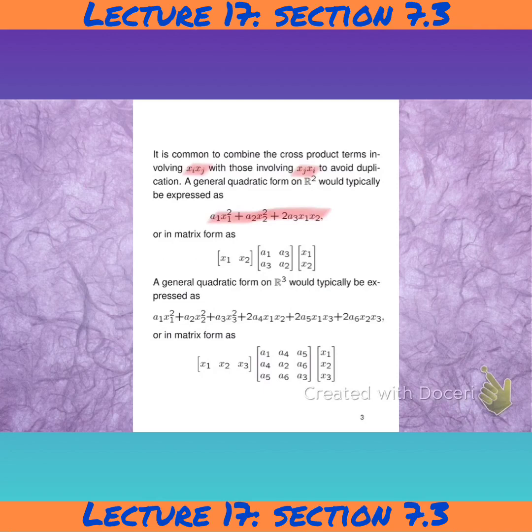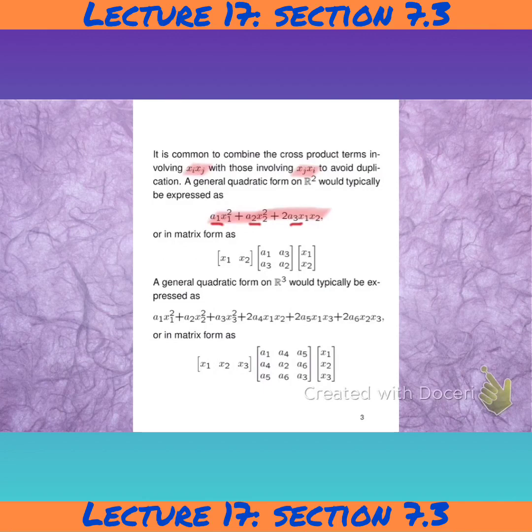We can take that function and express it as a product between matrices. We've got the column vector x1, x2, which we can write as a transpose, multiplied by a matrix where the entries are comprised of these coefficients.